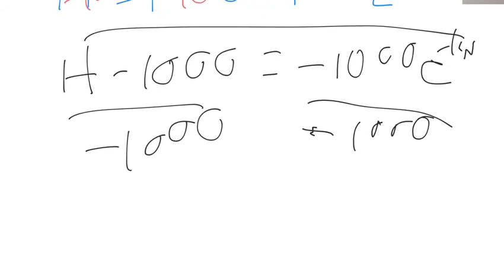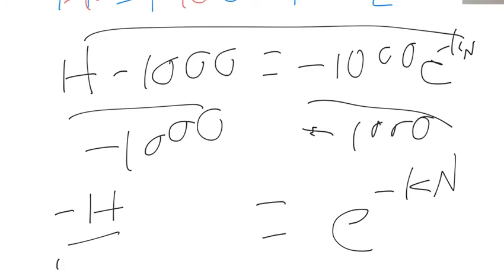Alright, so if you divide by negative 1,000, that would just leave you with e to a power of negative k times n. Now if you divide by negative 1,000 on the left, what you could do is split them up into separate fractions.